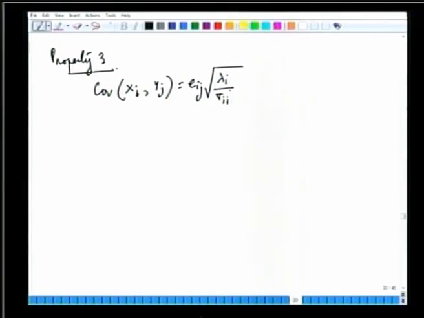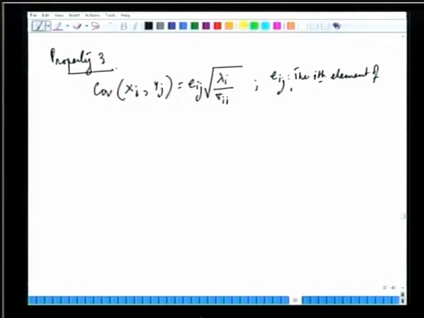Now I know what lambda j is, it is the variance of the jth principal component, and sigma ii is the variance of the original variable xi. And eij is the ith element of the jth eigenvector, that is Ej.